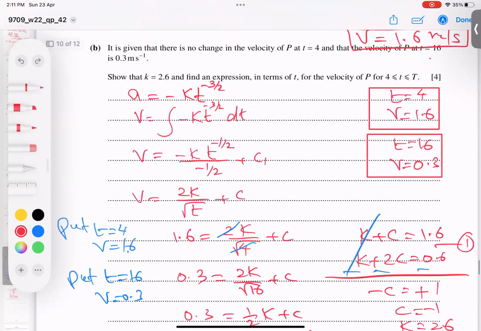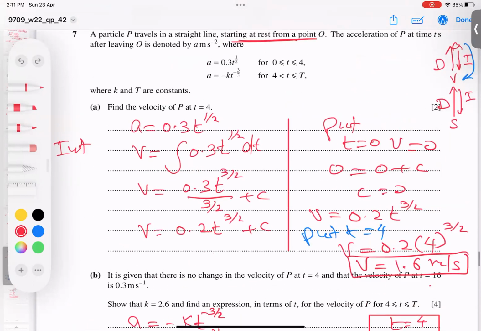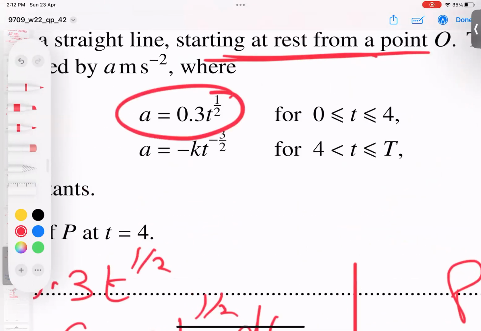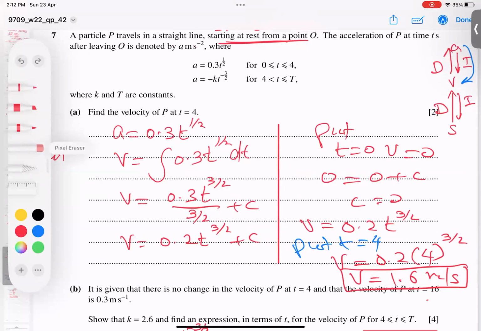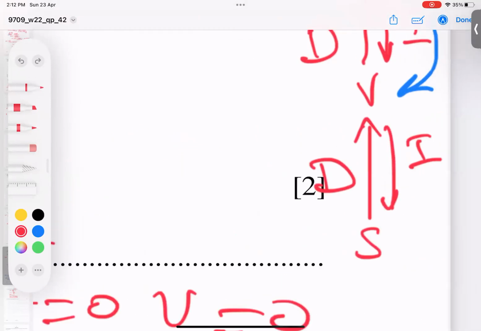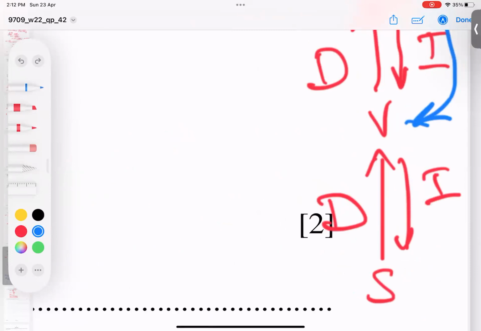So there are two stages: first 0 to 4, and then 4 to T. If I want the distance, it is not a hard job. We need the expression for velocity, and we have it here. Students, if I have velocity and I need distance, I will integrate once again.